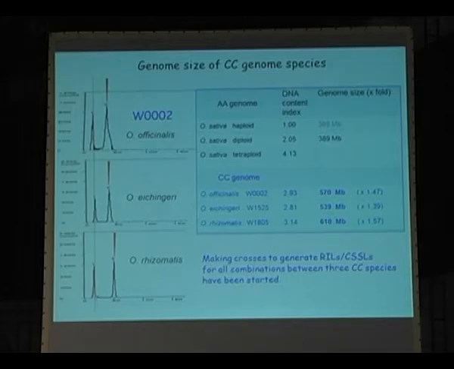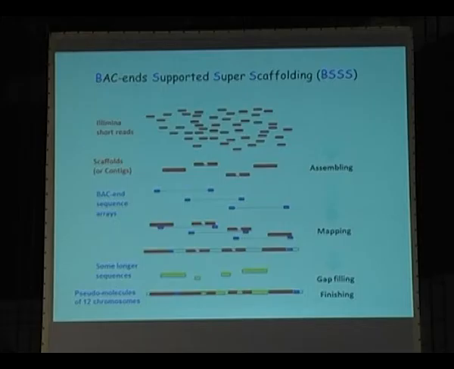And rhizomatis showed the biggest one, about 610 megabases. We decided to use Oryza officinalis.